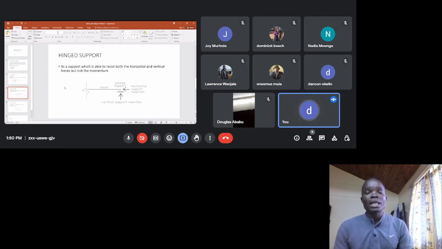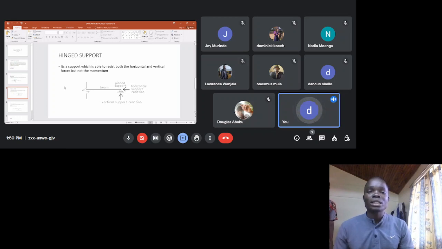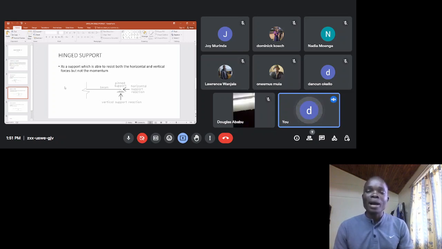If we move to the second support, we have the hinge support. A hinge support is a support which is pinned at a point. It can be pinned at one point or at 2 points. This support is able to resist both the horizontal and vertical forces, but not the moment, in which the moment at the hinged point is zero.